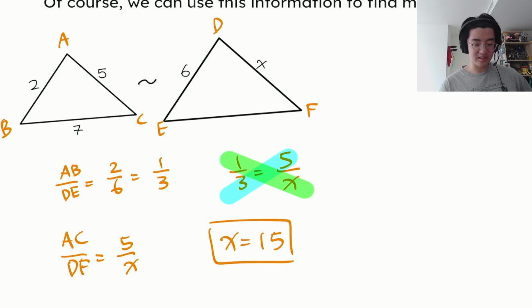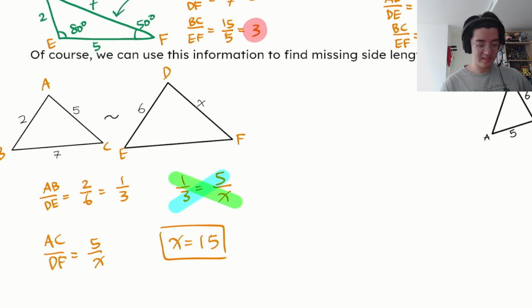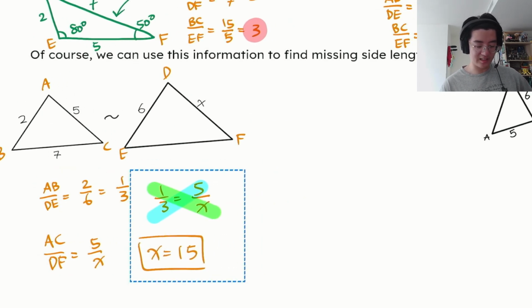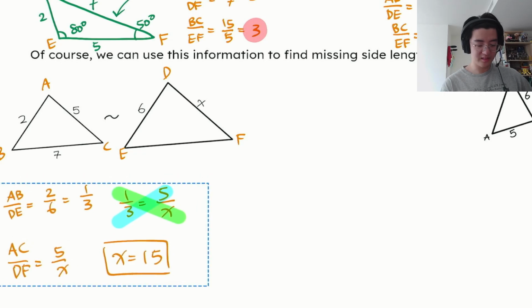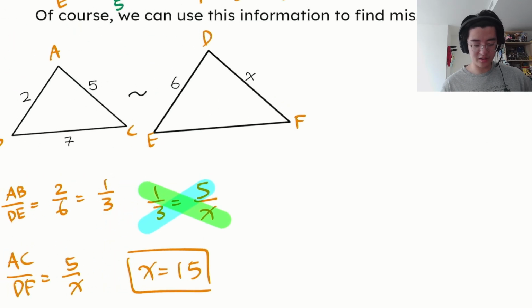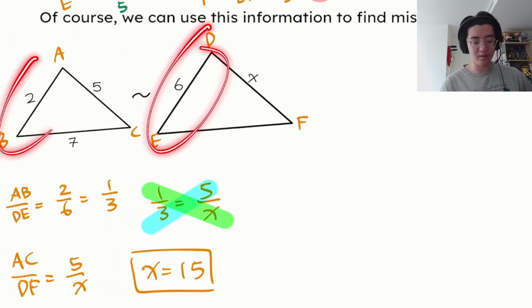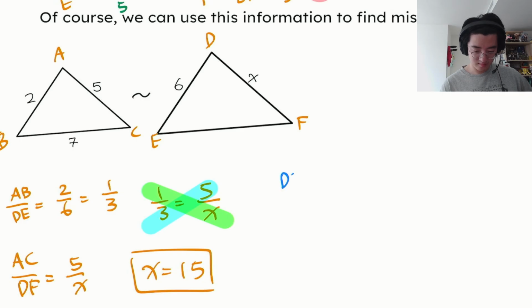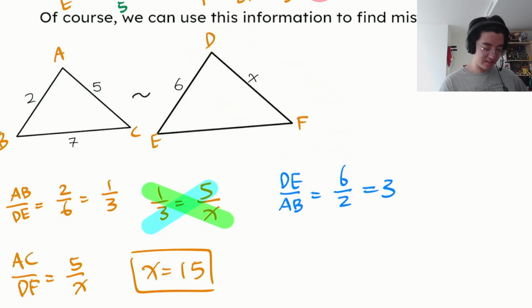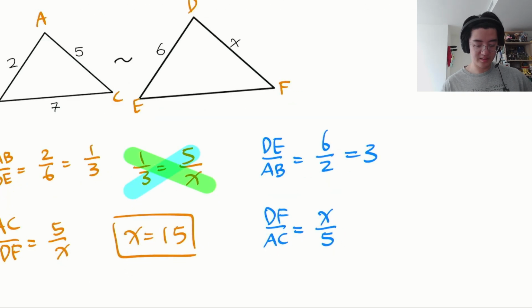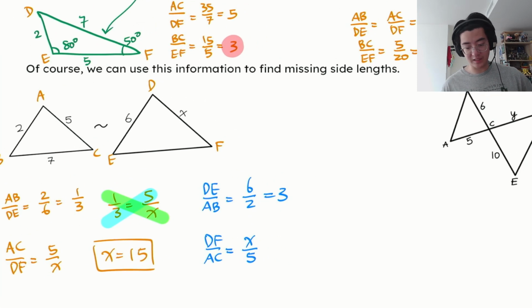Okay, because again, be very careful here. Always make sure they are in the same order. Because what I could do also is say DE over AB, which is 6 over 2, which is 3. And now if I do that, we have to do DF over AC, x over 5. And as you can probably tell, we'll get the exact same answer.